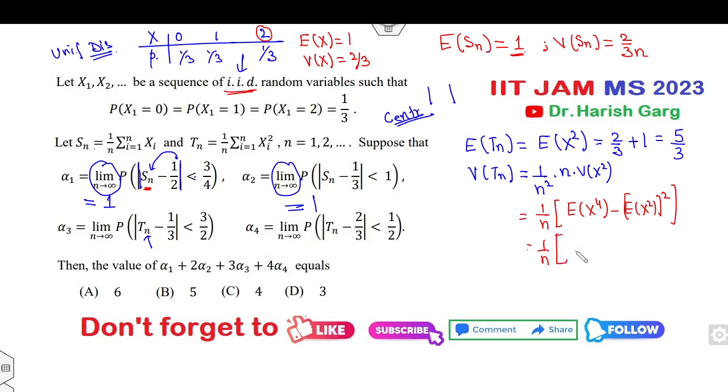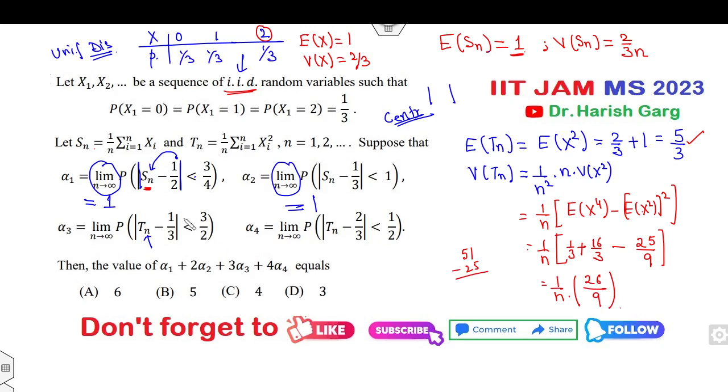It is 1 over 3 plus 16 over 3, minus the expected value of X square we have computed, so 5 over 3 square. Fine, it is 17 over 3. 17 into 3, LCM is 9, so 17 into 3, 51 minus 25. So it is 26.